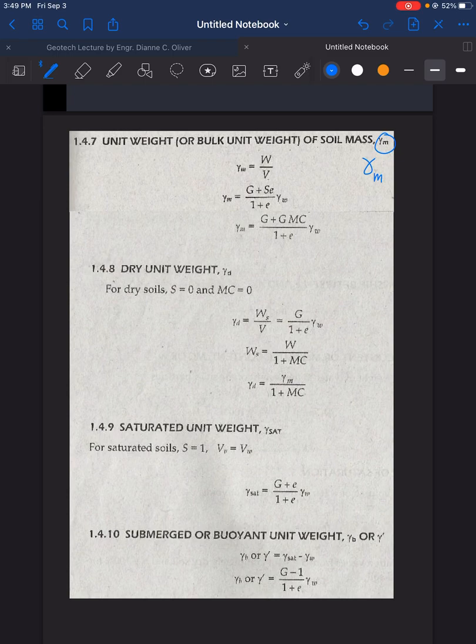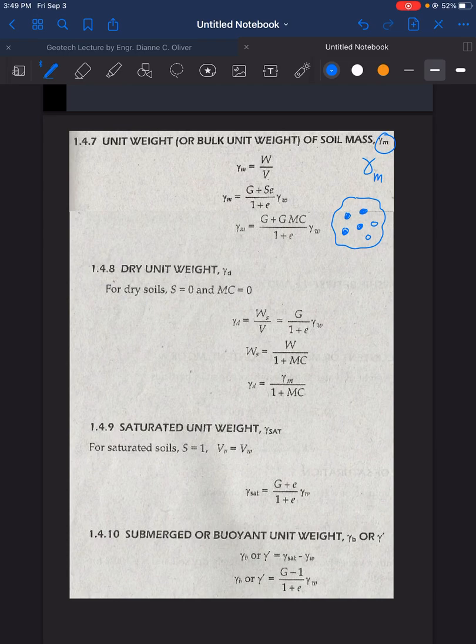The condition of the sample is that, if this is the soil sample, it has voids, it has its solids, it has the water in the voids, and some voids contain air. So that is the moist sample, gamma M, unit weight or bulk unit weight of soil mass.